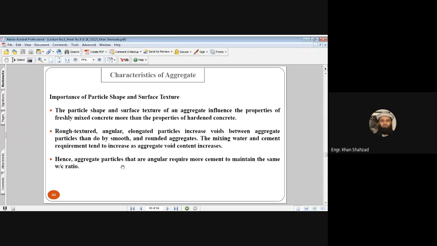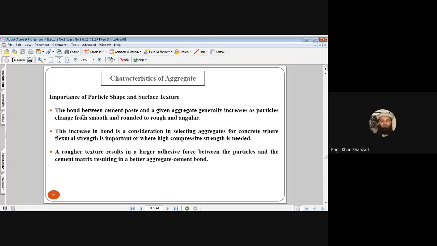Hence, aggregate particles that are angular require more cement to maintain the same water cement ratio as compared to smooth aggregates. The bond between cement paste and a given aggregate generally increases as particles change from smooth and rounded to rough and angular.